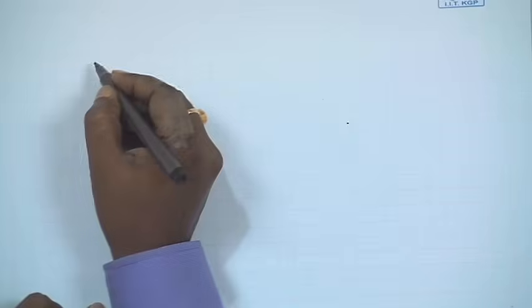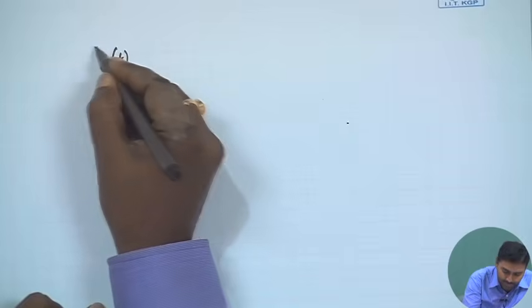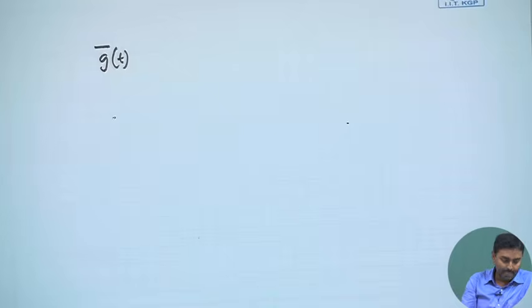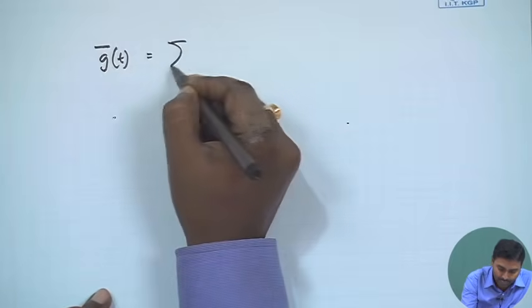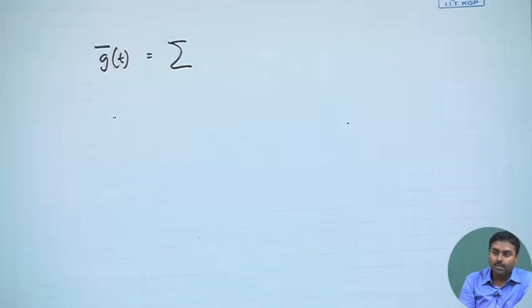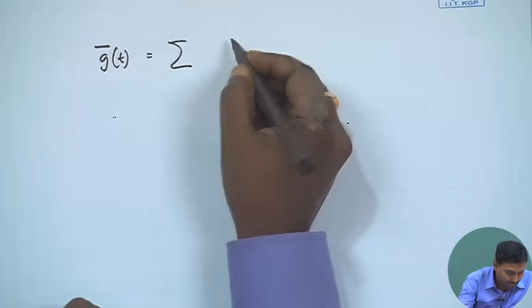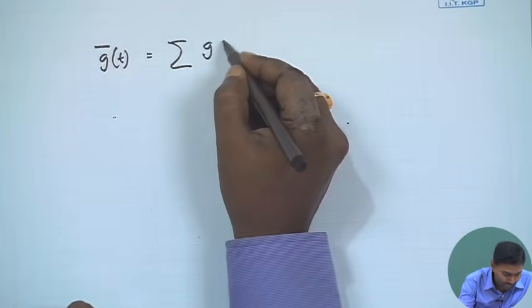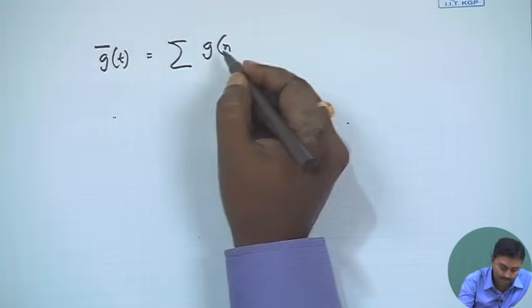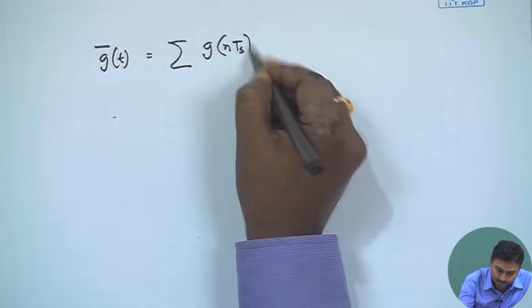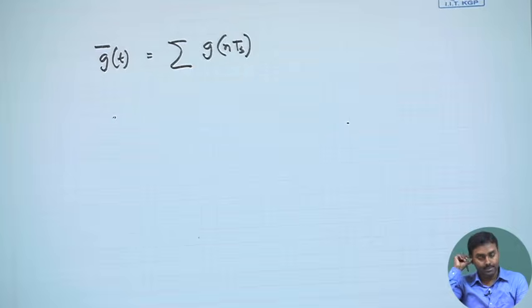What we have so far said is that this g bar t, which is the sampled version, what is that? At that instance we had some sample, and that sample is multiplied by a delta at that point. Let us call the sample at the nth instance g(nTs).